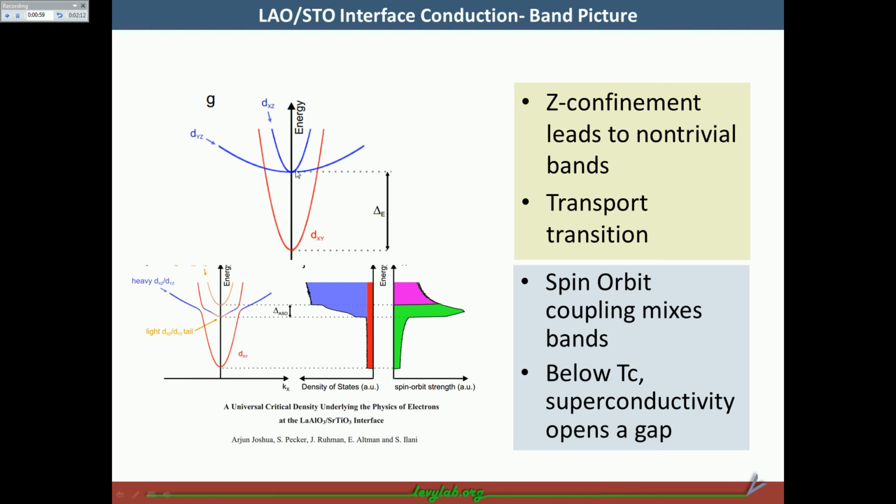As we go across this transition, we see a spike, for example, in the spin-orbit coupling, which greatly increases, causing the crossings of these bands to open, mixing the XY and the XZ and YZ bands. And then also in the system below the critical temperature of about 200 millikelvin, superconductivity opens a zero bias gap.